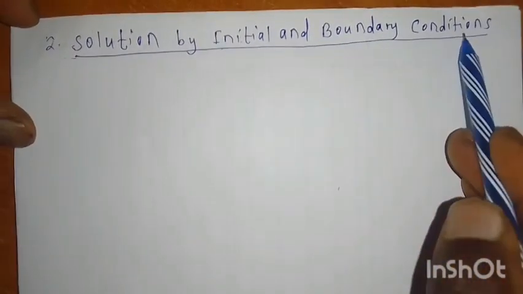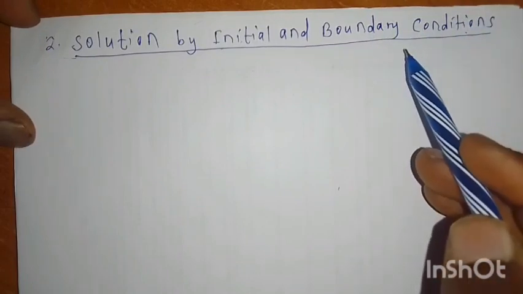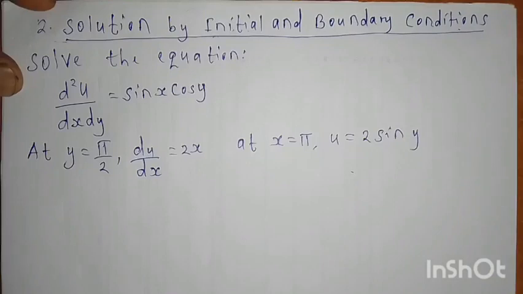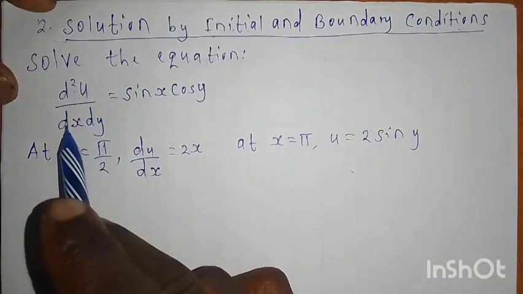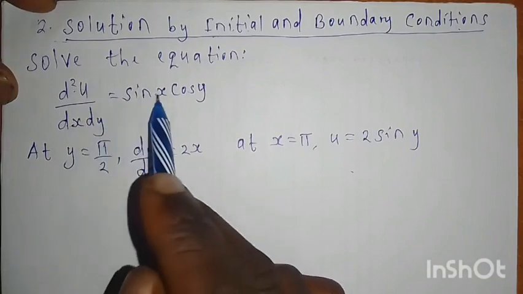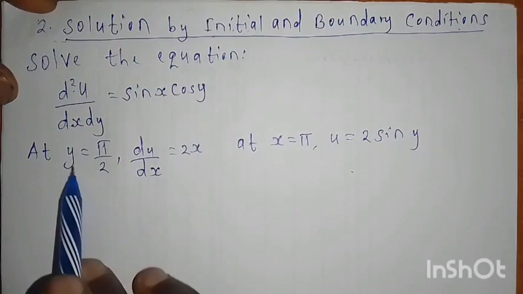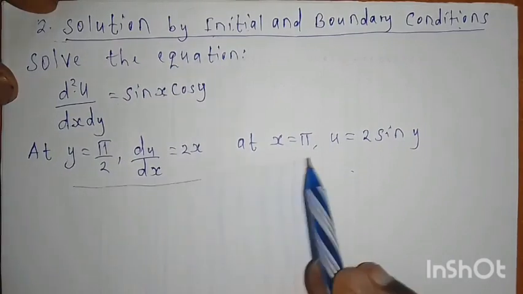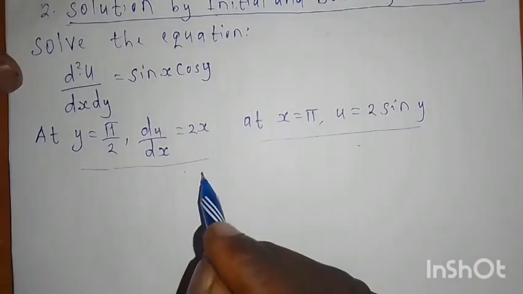The boundary conditions may involve the final conditions. Let's say you need to solve the equation d squared u over dy dx equals sine of x and cosine of y, given these conditions. I want to see how we handle this.